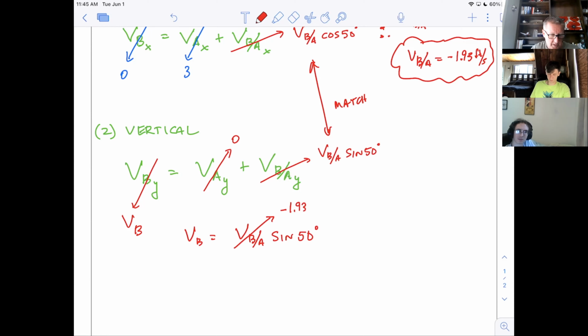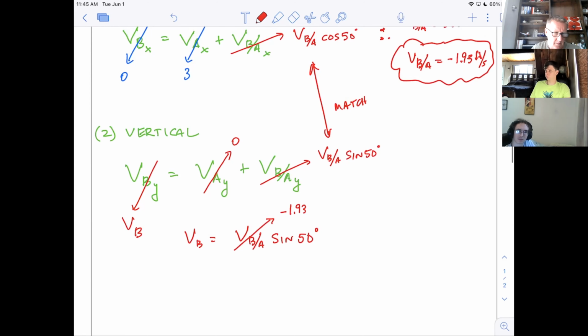So what is that number times the sine of 50? So that means the velocity of B is about -1.48.